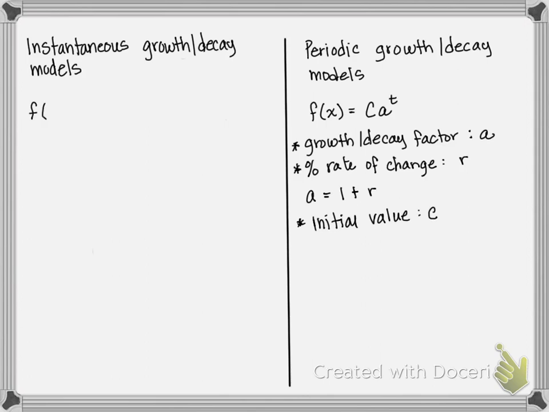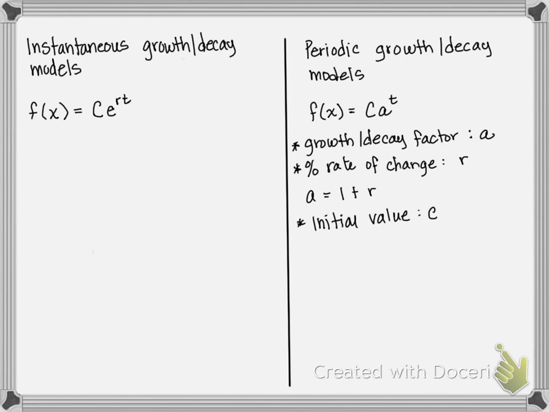So an instantaneous exponential model, that's not an A, this should be an X, looks like f of x equals c times e to the RT. And we can use either one of these to model an exponential growth or decay situation, just depending on which one we choose to use. And I will tell you in the question, like on the test, which one to use.